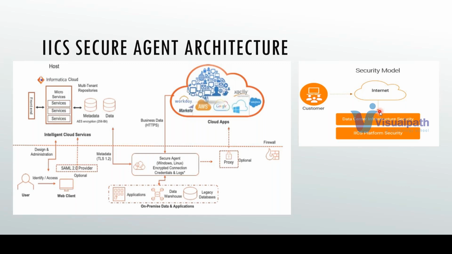What is whitelisting? That would allow the traffic and ensure seamless communication. Whitelisting of IP addresses is very important, and that would be provided by IICS security, and they have their own set of IP addresses.